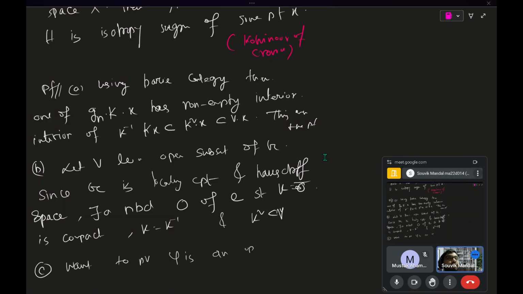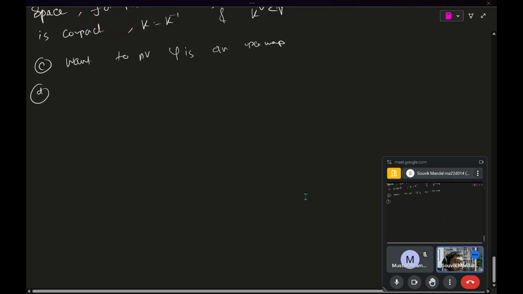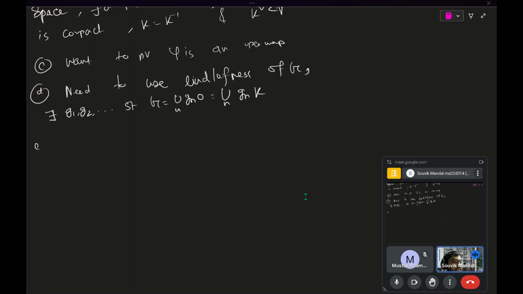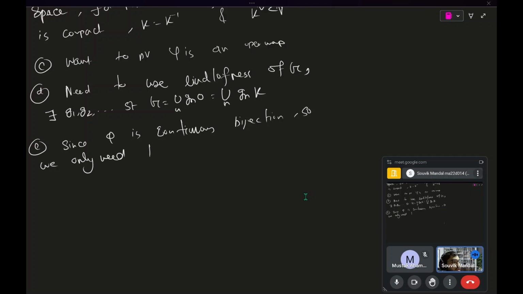For that, you need to use the Lindelof property. There exist g1, g2, ... such that G is equal to the union of g_n O, which is equal to the union of g_n K. Now, since phi is a continuous bijection, we only need to show phi is an open map.